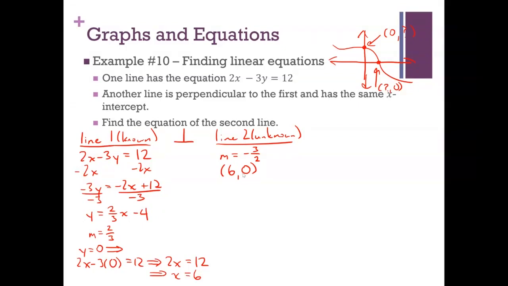So now on the unknown line that I want to find the equation for, I know the slope, and I know a point that it passes through. Is that enough to figure out the equation for the whole thing? So remember, if we were going for y equals mx plus b, do I have any of this information yet?